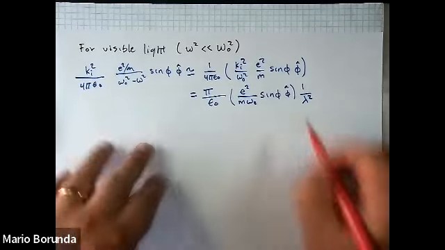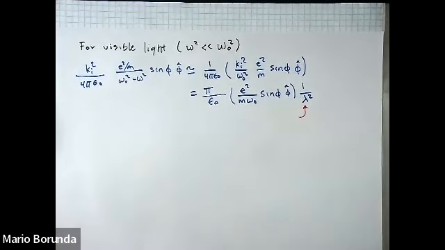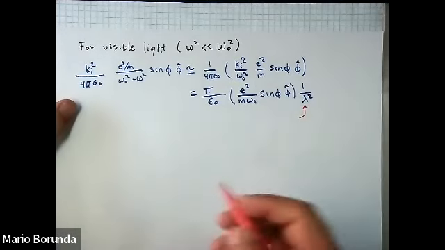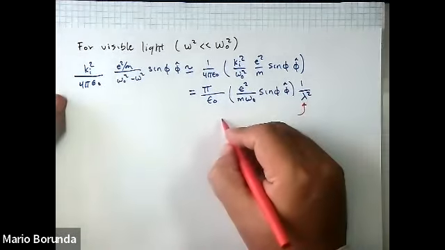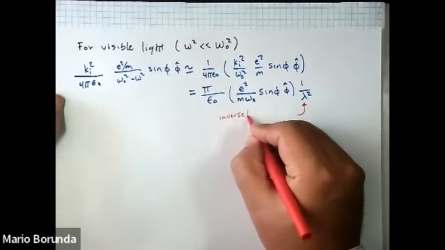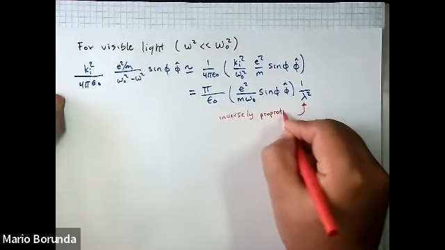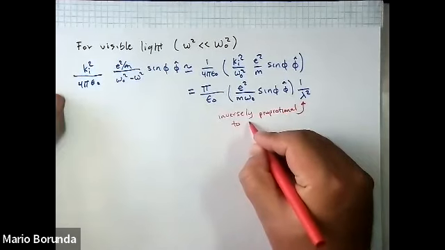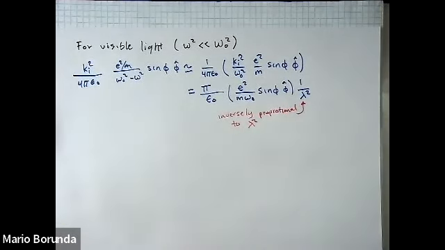So what we see here is that it's inversely proportional to the square of the wavelength of the incident light. And now we see that in this limit, it is proportional to what light wavelength you're using.